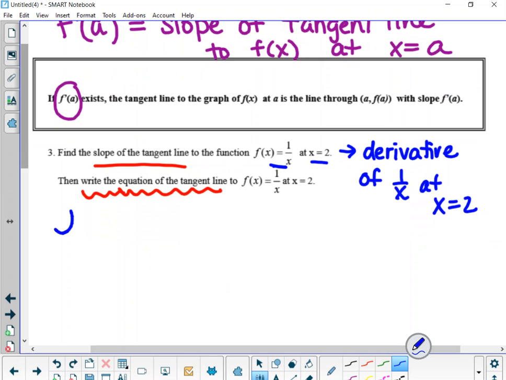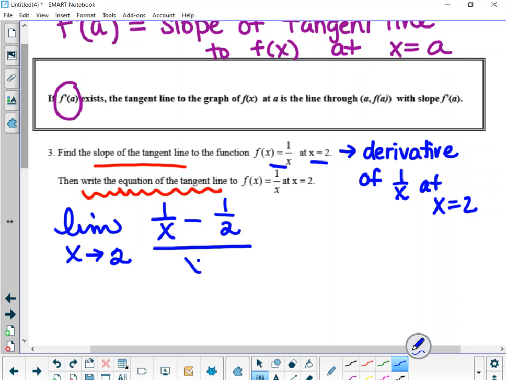So the second one is the limit as x approaches 2 of my f of x function minus f of 2, all divided by x minus 2, right? f of x minus f of a over x minus a.